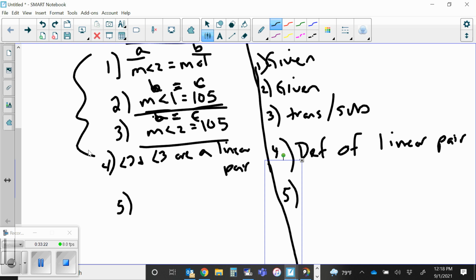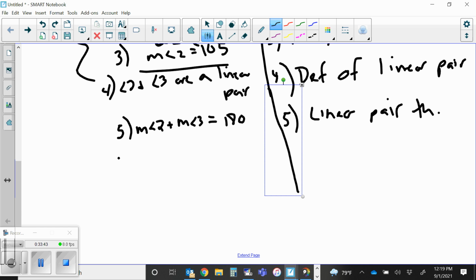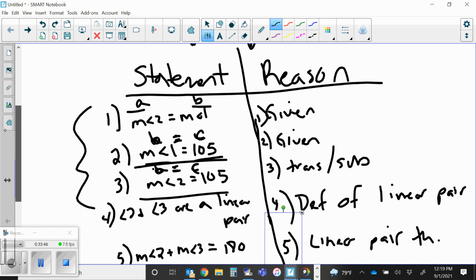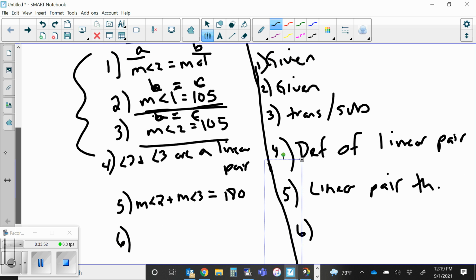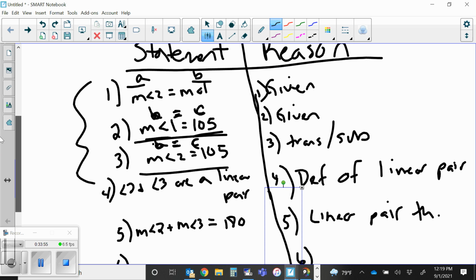All right, so 5. Because they're a linear pair, what does that tell me about the measure? The measure of angle 2 plus the measure of angle 3, what do those have to add up to? And what is the reason for that? Linear pair. Number 6, because we know that, what else can we say? Do we have anything up here that we've established? No, we haven't said anything about parallel.